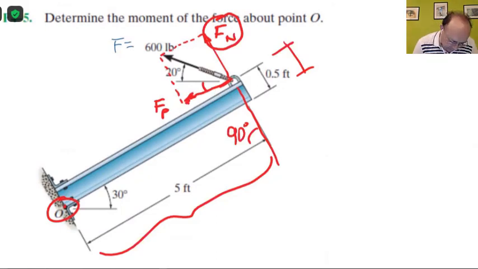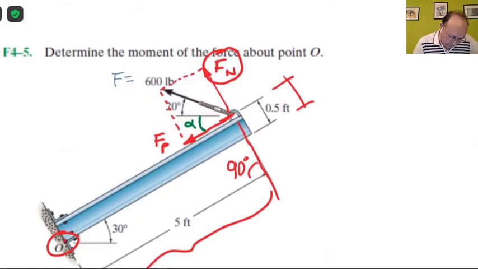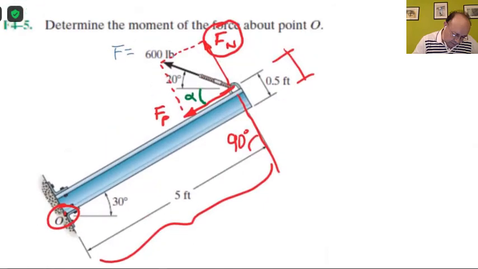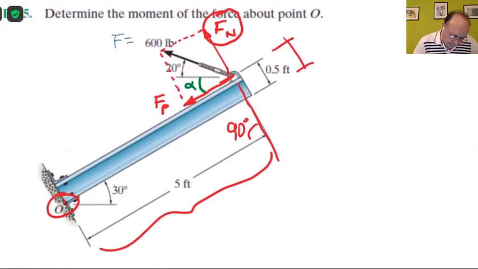Let me draw this one a little better. So I have this force here, and then we just need this angle. Let's put it here in green. This angle here, alpha. The angle that we need to get the components of the force would be this angle here in purple.